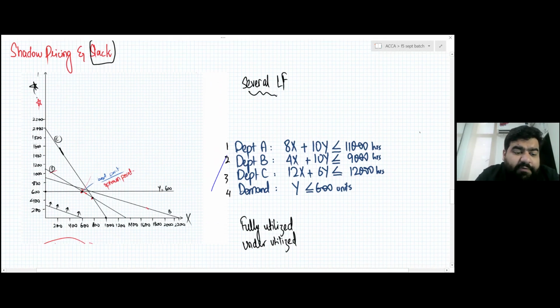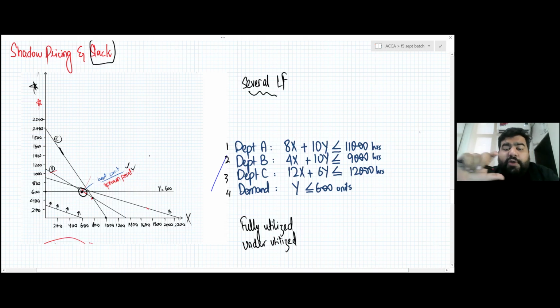We used this graph to calculate the optimum point, which is this one. That's the best point, the optimum point we calculated, because it was far away from the ISO contribution line. That was the concept, if you remember.